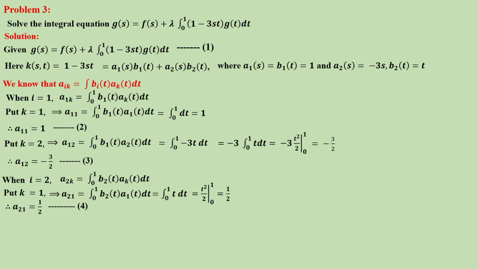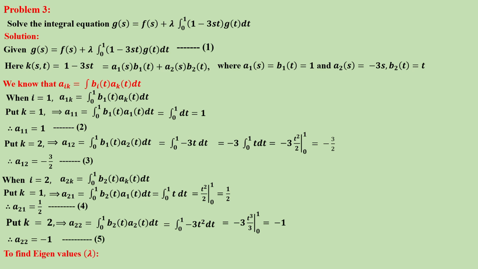Next, when k = 2, a22 = integral from 0 to 1 of b2(t) a2(t) dt. Substituting, you get -3t^2 dt. The integral of -3t^2 dt is -3t^3/3, that is -t^3, upper limit 1, lower limit 0, so you will get -1. So a22 = -1.